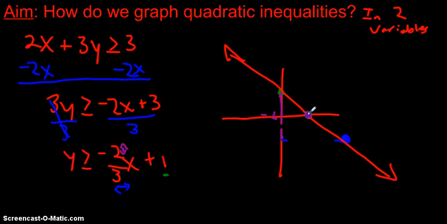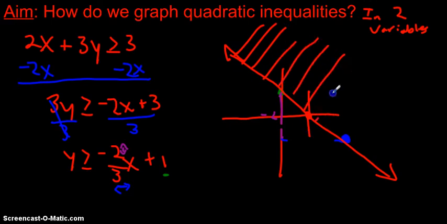That tells me that this side of the line is the side that needs to be shaded. If it was y is less than, I would pick any point and go down. Since this is y is greater than or equal to, we shade this way. So these are the set of points that satisfy this inequality.